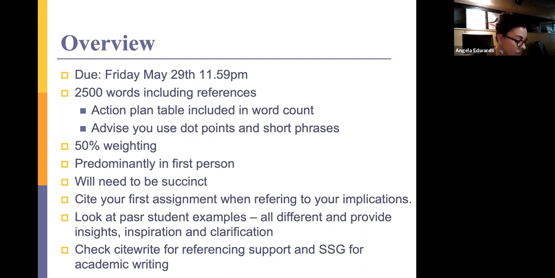So what you need to do is cite your first assignment. So this would be, for example, Edwards 2019 EAN 601 assessment task 2 QUT Brisbane. So something like that, but you would cite specific areas of your first assessment task as necessary.